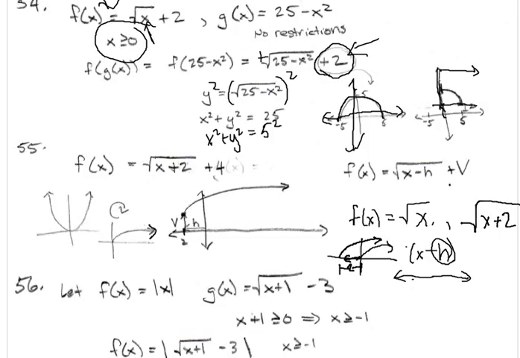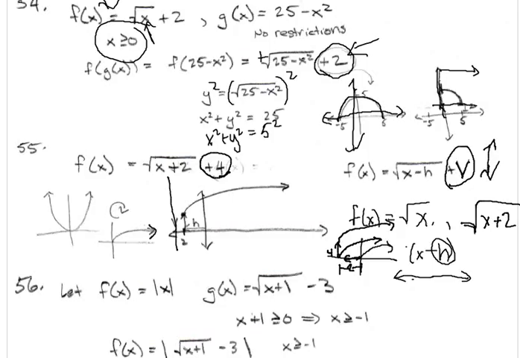Then vertical shifts tell us that if we tack on a constant value v, actually it could also be variable too, but we'll just consider it constant for right now, the graph will shift up or down by a value of v. So in our case, our v is plus 4, so then our square root of x plus 2 shifted up 4 units gives us something that looks like that.